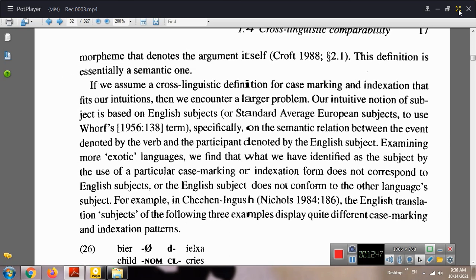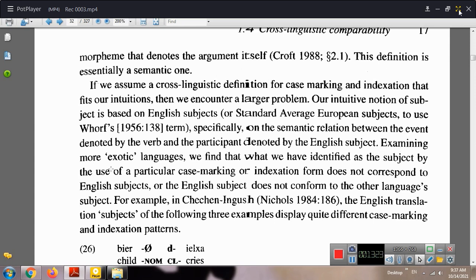If we assume a cross-linguistic definition for case marking and indexation that fits our intuitions, then we encounter a larger problem. Our intuitive notion of subject is based on English subjects, or a standard average European subject, to use Whorf's term, especially the semantic relation between the event denoted by the verb and the participant denoted by the English subject.